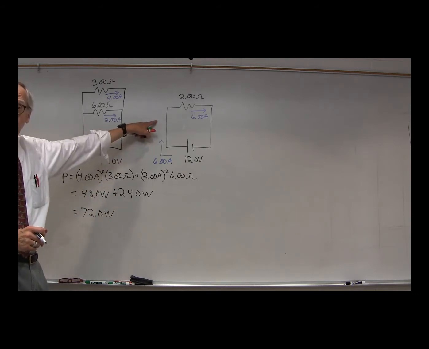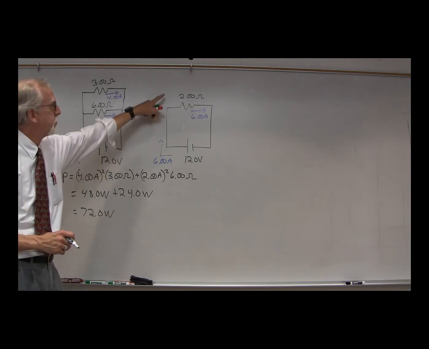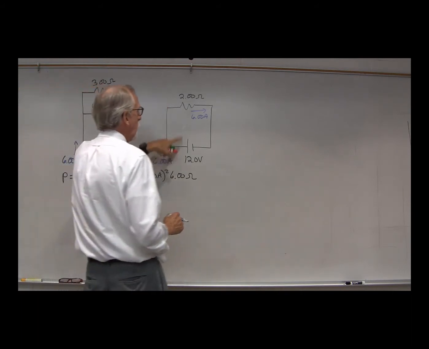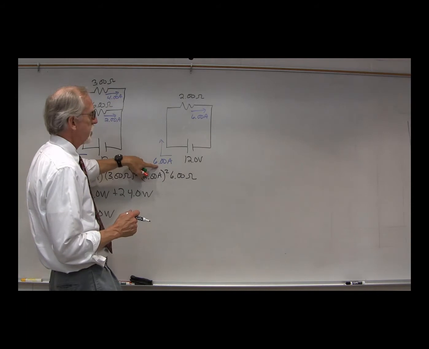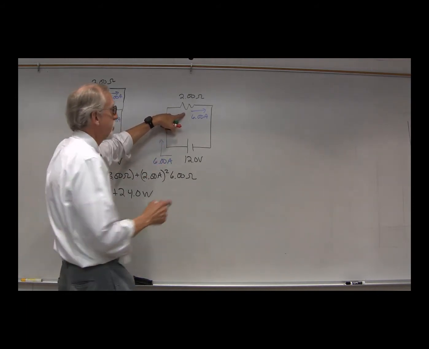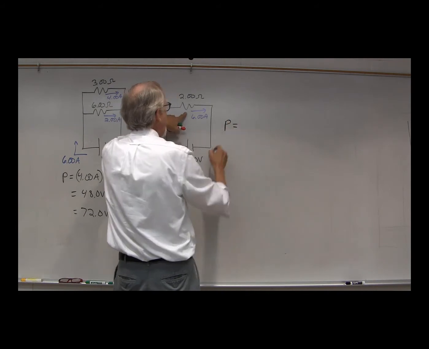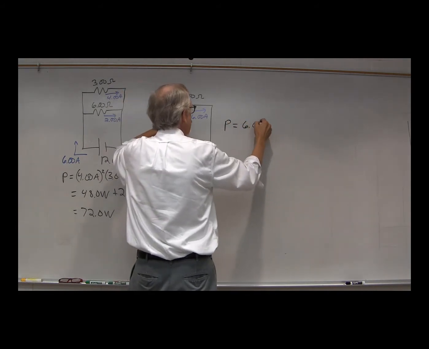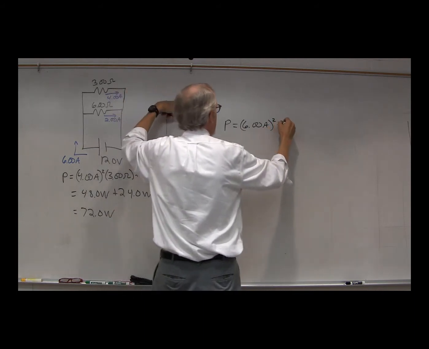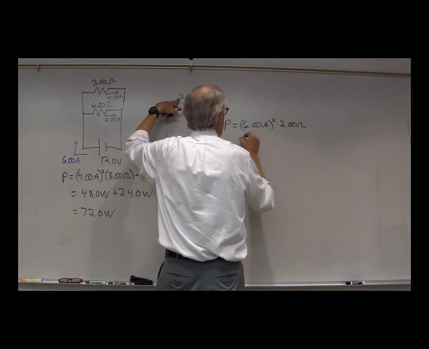What do we get for the single resistor using the equivalent resistance from parallel? Well, now using the current from the battery through the resistor, 6 amps, we'll get a power of I squared, 6 amps squared times 2 ohms. And what's that?